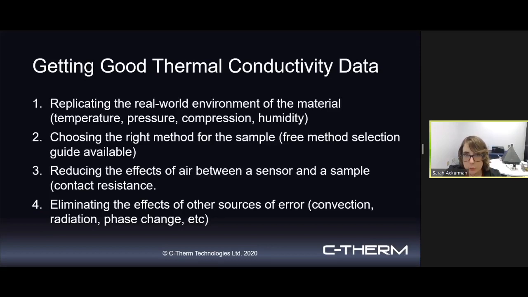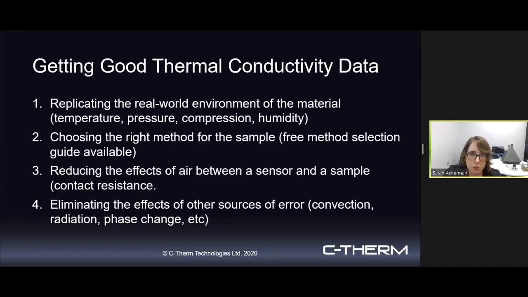And that's an issue because most materials have a significant temperature dependence on their heat transfer properties. So if you're using a number that was collected at 25 degrees for a part that's operating at 80 degrees Celsius, you might have 30% error on that number simply because the number you're working with is not representative of the conditions at which the material will actually be used. So really replicating the real world environment of the material is key to getting good quality thermal conductivity data.